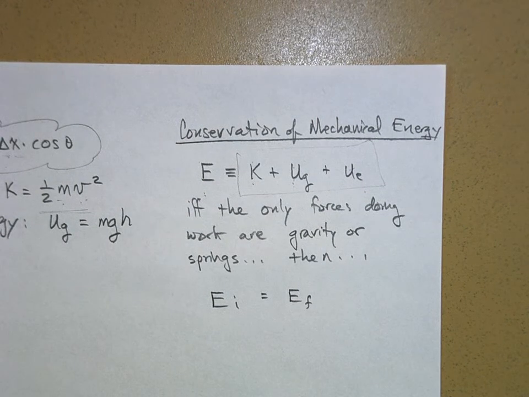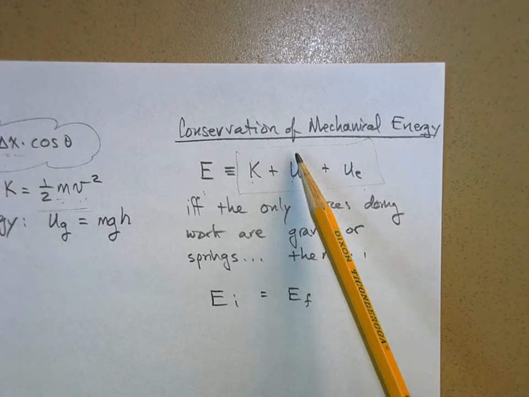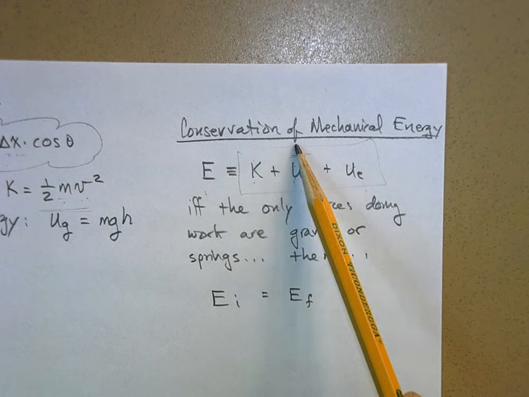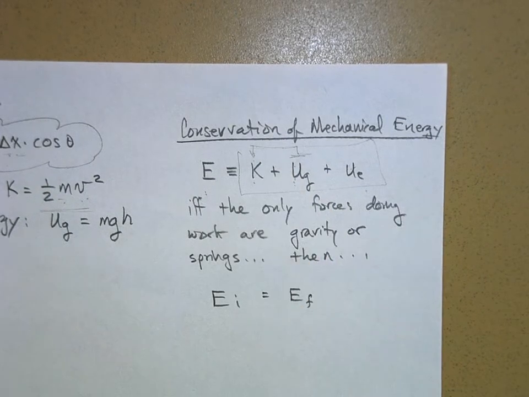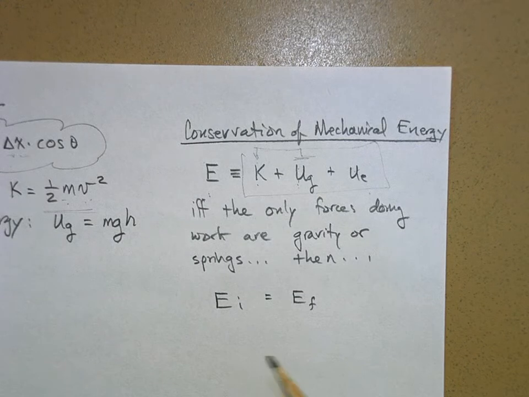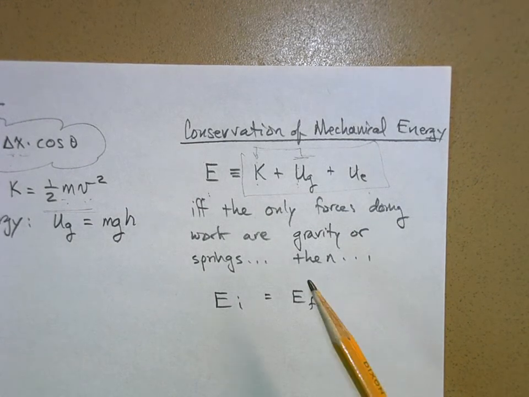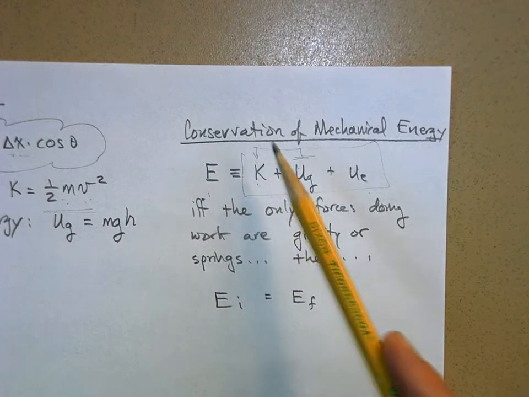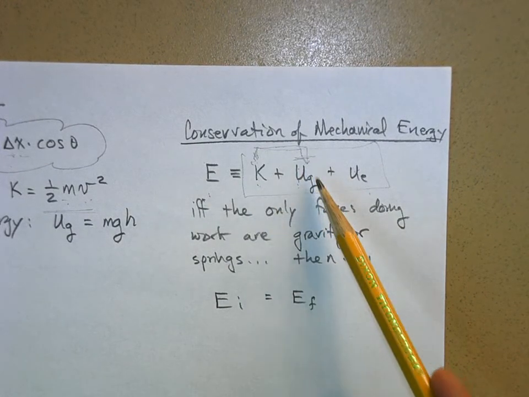If gravity is the only force doing work, which is the problem I'm going to give you, then all you're doing is pouring gravitational potential energy into kinetic energy. Or if gravity is slowing something down, like if you throw a ball up in the air, gravity is doing negative work, taking kinetic energy away from the ball, but it's gaining an equal amount of gravitational potential energy.